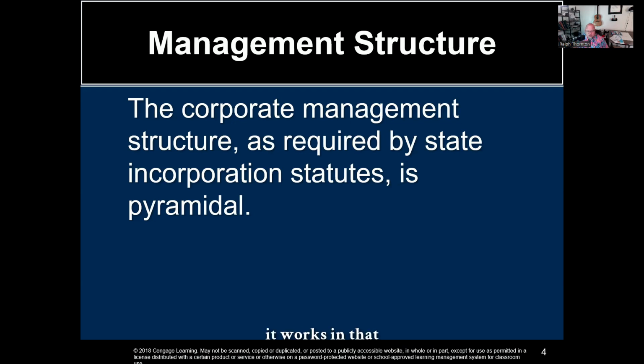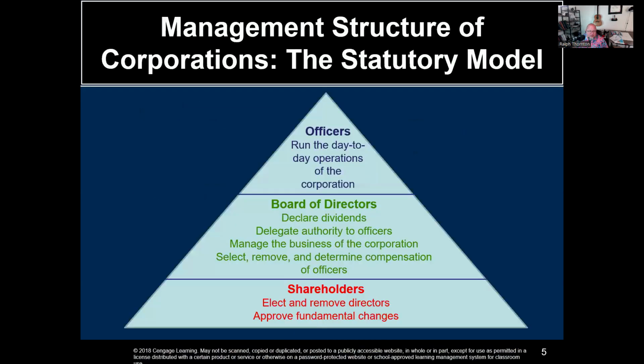But it works in that pyramid setup. This is a way to look at it. Now, when you start looking at how the power within these corporations goes, you can also invert on top of this to have a segment of a pyramid going above it.